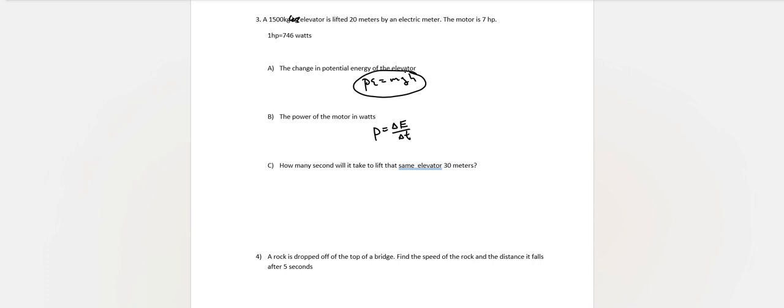As far as what we're going to put here for the power, it's a 7 horsepower motor, but that's not the correct units. Horsepower is an English unit. This needs to go to watts first, and there's 746 watts in 1 horsepower. So calculate the horsepower in watts, and then that number will go here. And then the change in energy you're going to get from here.